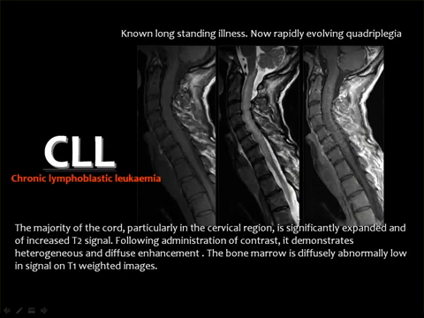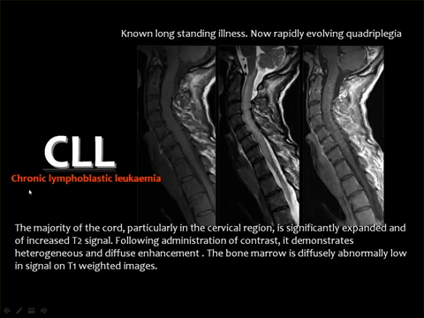Then sometimes, but it's not a frequent finding, you see infiltration of the spinal cord. This cord is markedly expanded. It is of relative increased signal in the T2 weighted image. And if you inject the contrast material, you may see very faint enhancement. If you know that this patient had leukemia, then this is leukemic infiltration.